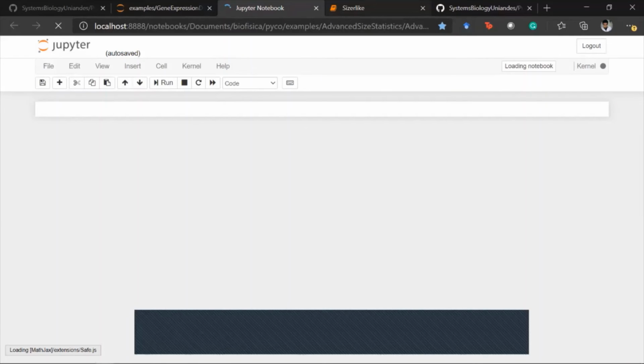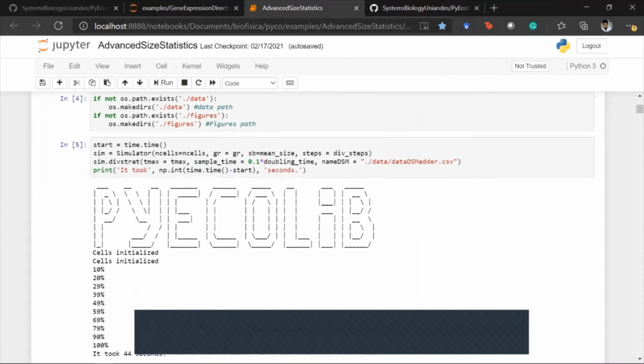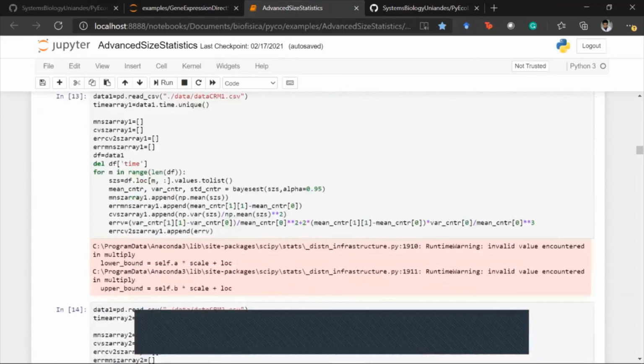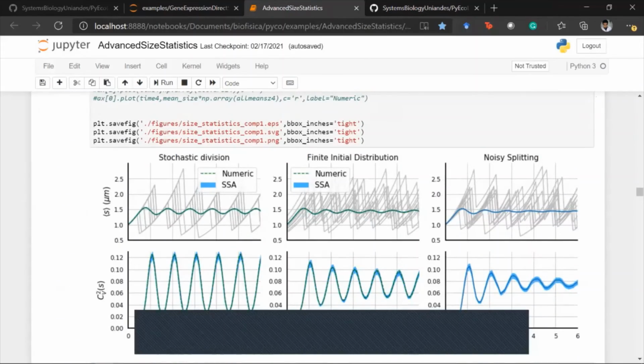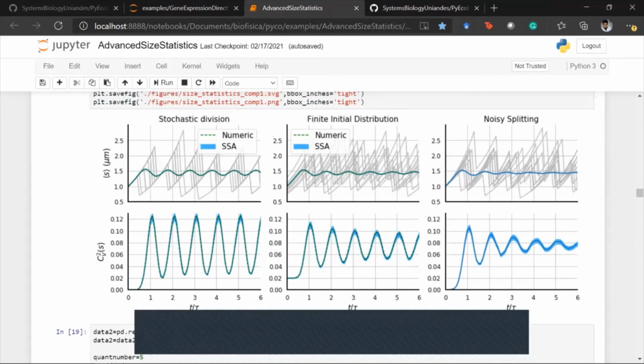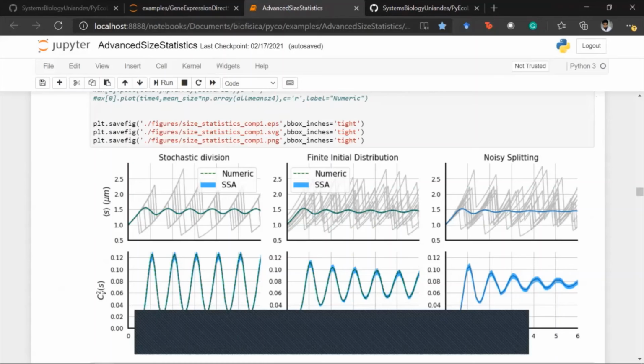When we present how to compute the dynamics, for instance, here, obtaining different noises. In this case, you can see how this stochastic division looks, I mean, with no additional noises, how the size looks and how the CV squared of the size looks along the time.